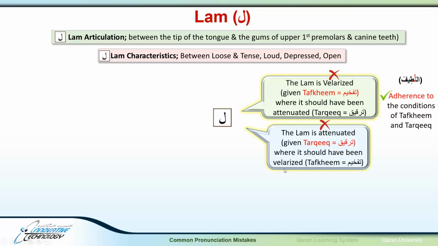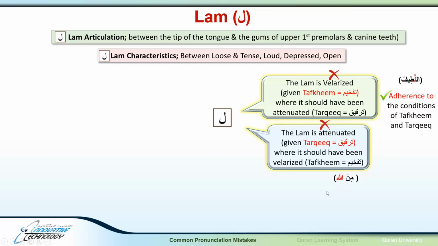The lam, in other situations, could be the opposite. The mistake here would be giving the lam attenuation, tarqiq, where it should have been velarized, tafkhim. An example of that is من الله, saying min Allah with a thin lam. Actually, the lam here should have been given tafkhim.